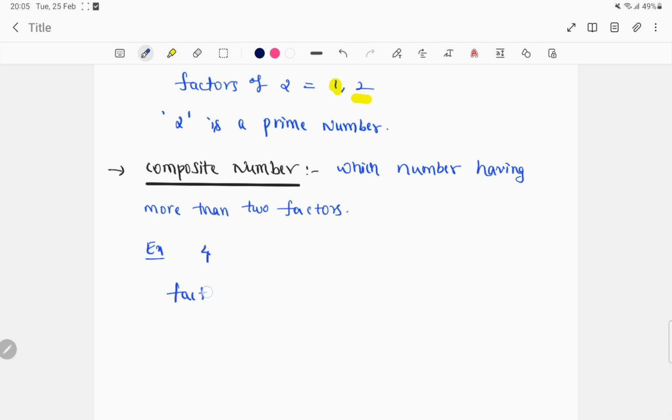So factors of 4. 1 table divides, 2 table also, and 4 table. Here you see more than 2 factors. Children, remember these keywords alone: more than 2 factors. If you remember these keywords, it is enough. So therefore 4 is a composite number.